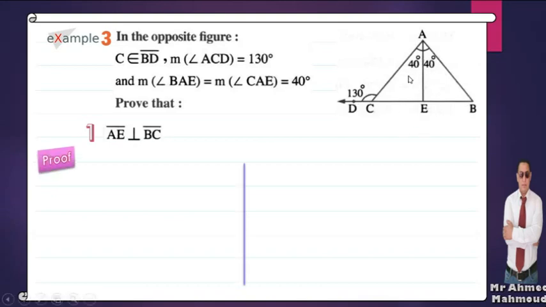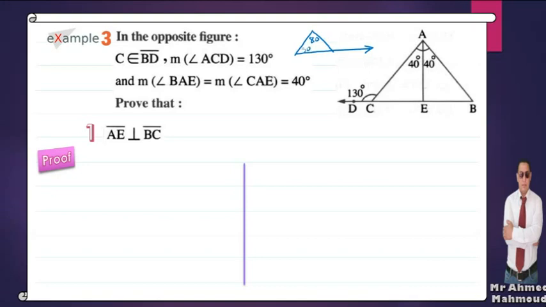Now, to prove that this angle is right, we studied before the meaning of the exterior angle of a triangle. We have up here an angle of measure 80 degrees, and here an angle of measure 50 degrees.